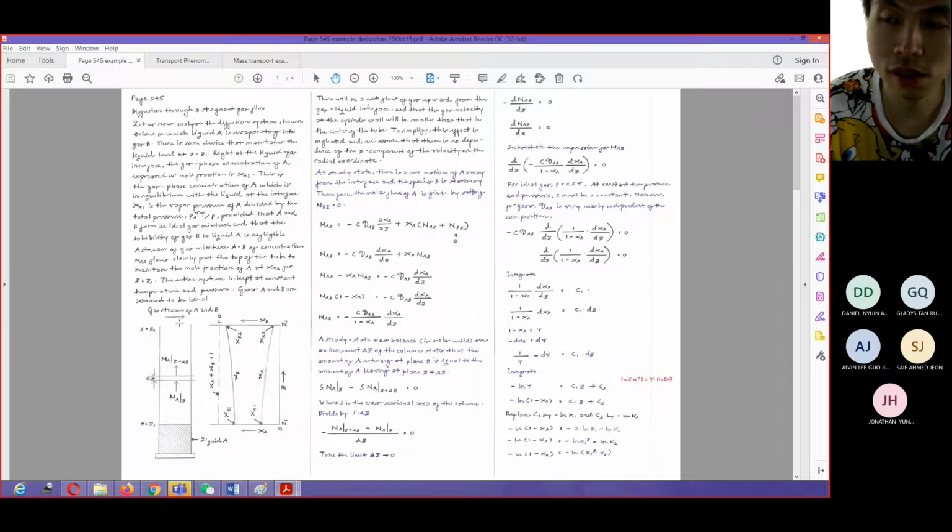But what we want in here is an expression of the mole fraction x_A as a function of z, because that will vary over the height of the tube from the gas-liquid interface until the top of the glass container.